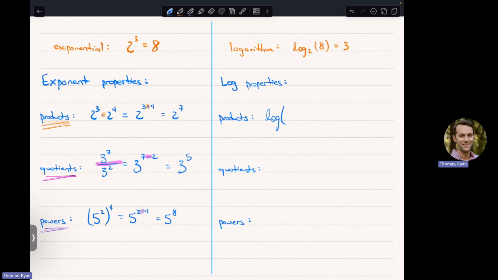Say I had the log of, this will probably work a little bit better if I have things that can't be combined in an obvious way, right? Log of 2 times x.